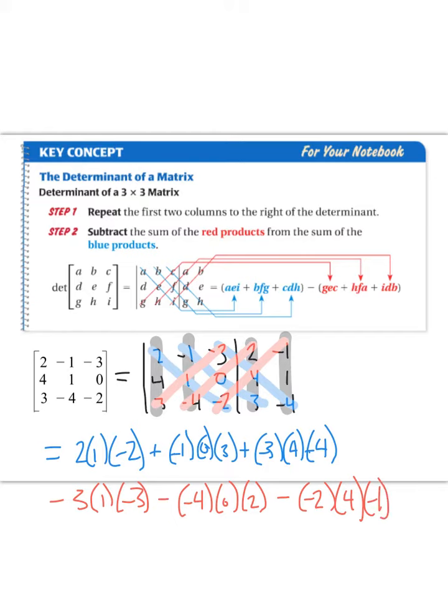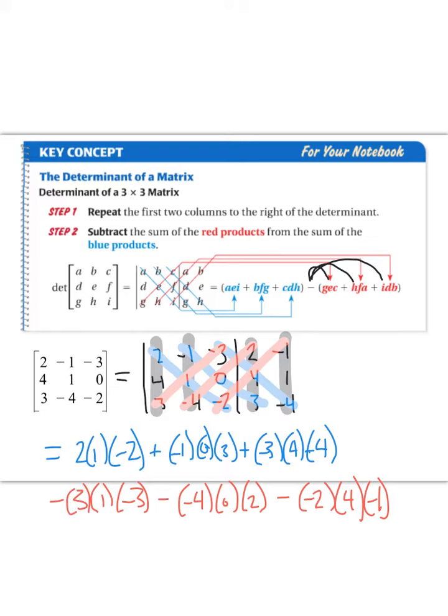Now I wrote subtraction signs for all of my red products. In the example up top, what I did was I distributed my negative because I didn't want to write extra parentheses. So here's my negative sign distributed to all of my red diagonal products.